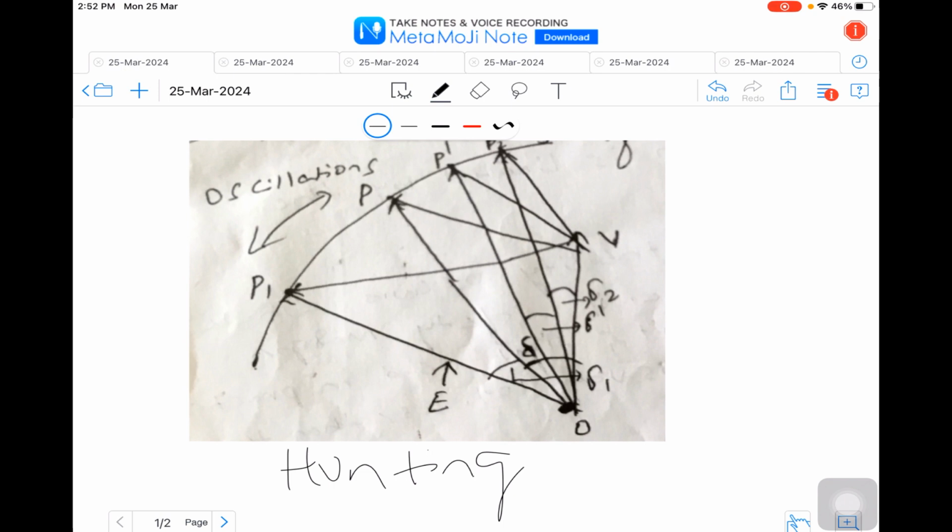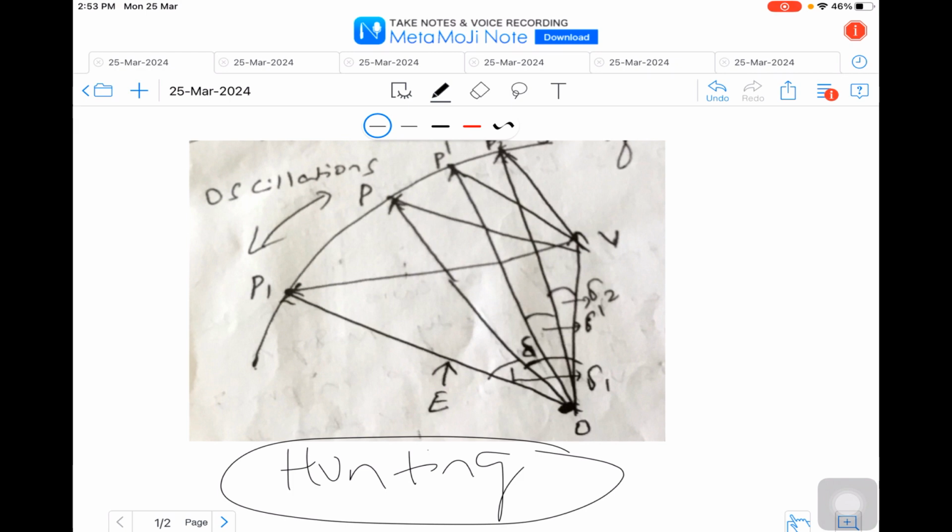Generally, hunting is the mechanical phenomenon wherein it produces pulsations in the voltages, current and power. Why does it produce them? Due to the variations of angular velocity and due to oscillations of the rotating part of our machine. Whenever the machine rotates, these pulsations are produced.